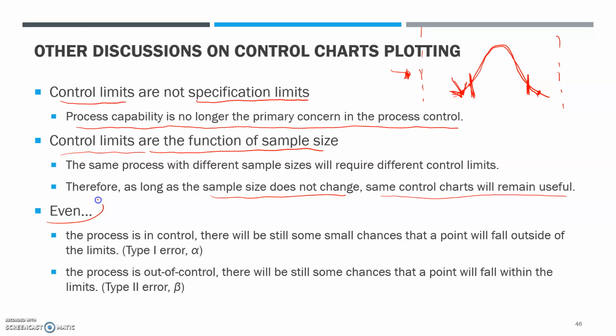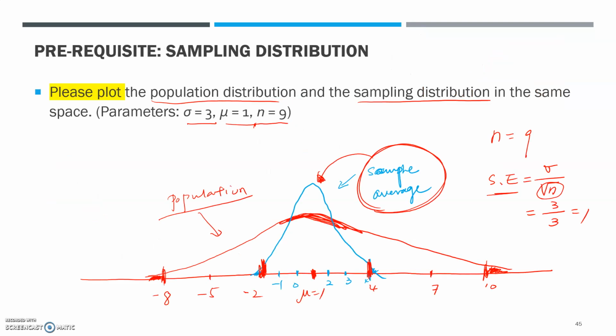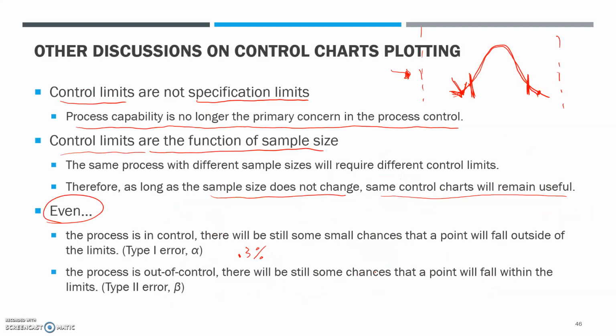However, here are some cases you need to think about. Even if the process is in control, there is still a small chance that a point will fall outside of the limits. The chance is very small, 0.3%. So occasionally you will see a part falling outside of 3 standard deviations, and that can happen sometimes, but the chance is small.